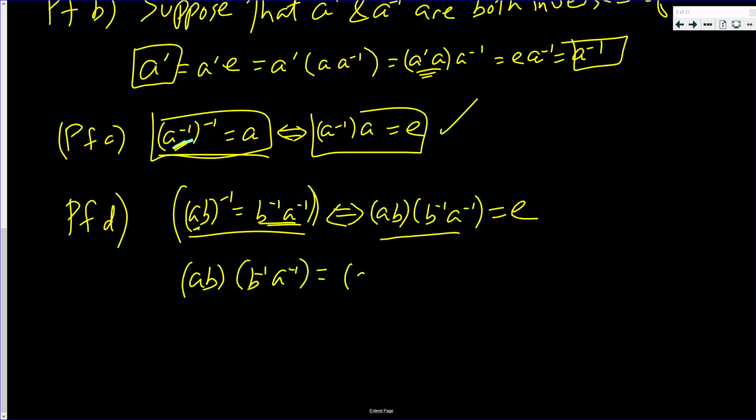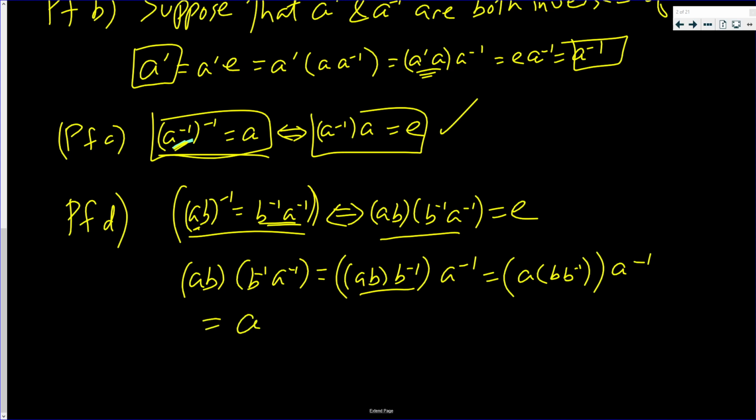This is the same as A times B times B inverse times A inverse, just the associative law. Now, I'm going to use the associative law in the brackets. That's A times B B inverse times A inverse on the outside. That's A times E times A inverse.